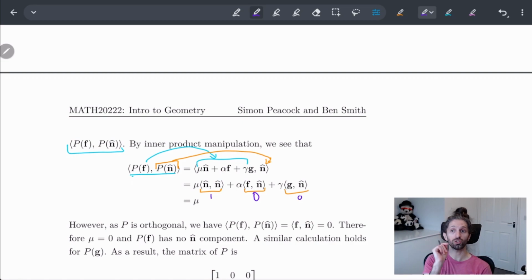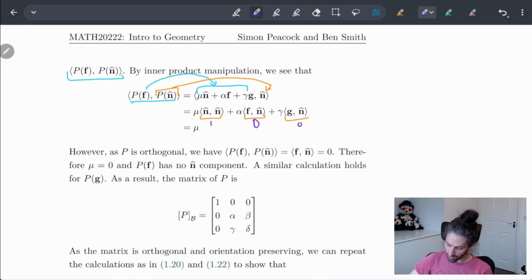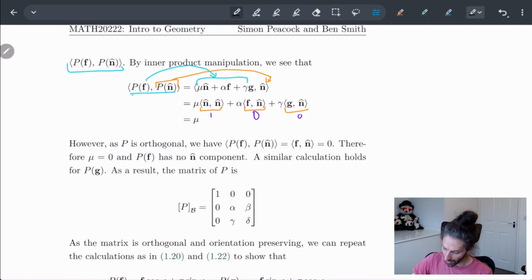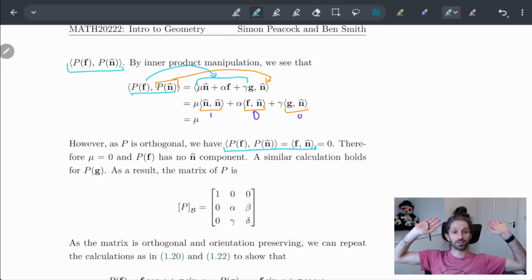But we know that P is orthogonal, right? Since P is orthogonal, we also have the case that the inner product of P of f and P of n is equal to the inner product of f and n. So I can kind of get rid of the linear operator. We had kind of seen this, right? This is the definition of it being orthogonal.